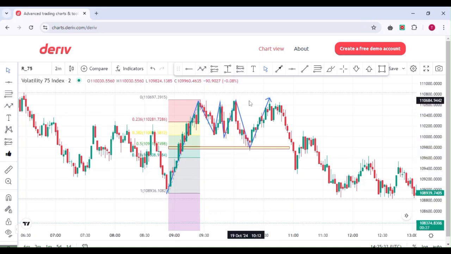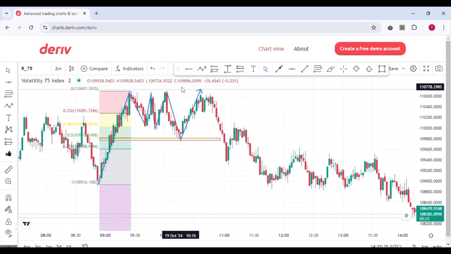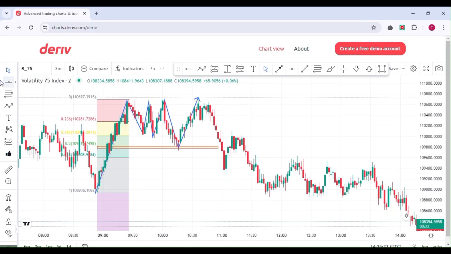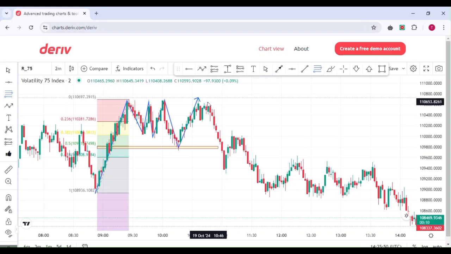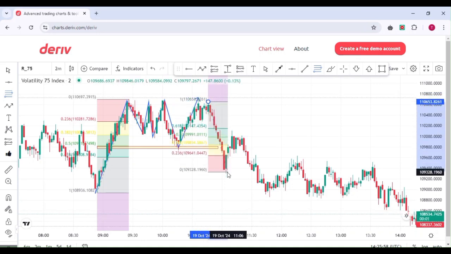So after moving up, you want to determine at what point the market will react again. So it has come, you have ensured this is the candlestick and this is the swing low. So I'll just pick my Fibonacci retracement again, mark from the top highest point. Now this one is for a downtrend. Click from the highest point or the swing high, then to the low point, swing low.